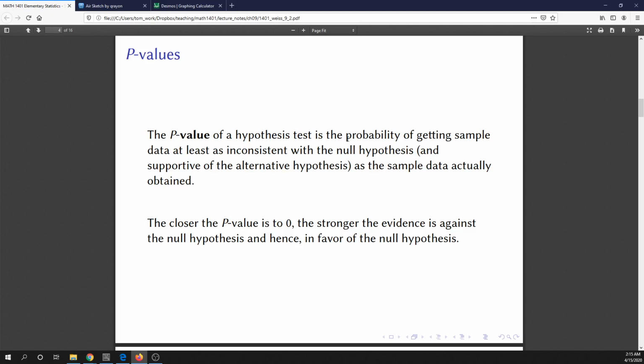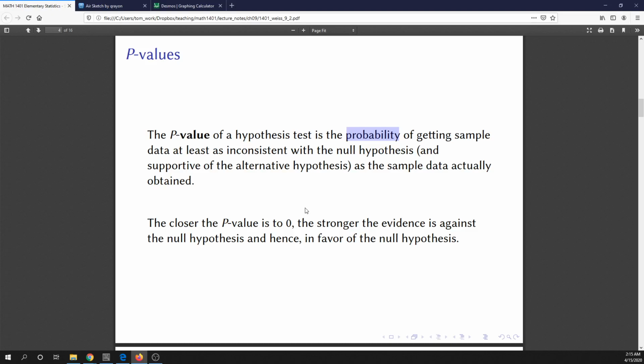It's a probability, so that means it's a number between 0 and 1. And remember, if an event has probability 0, then it's impossible for that event to happen. If an event has probability 1, then it's 100% going to happen.